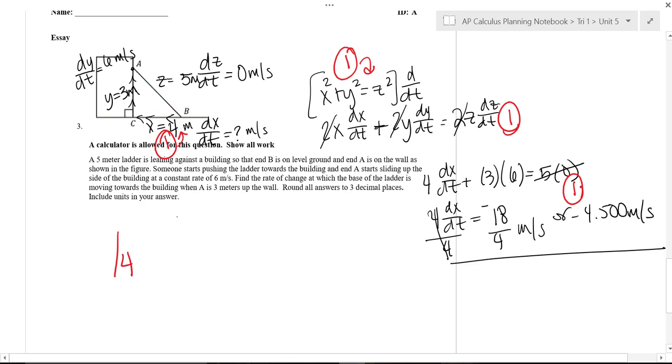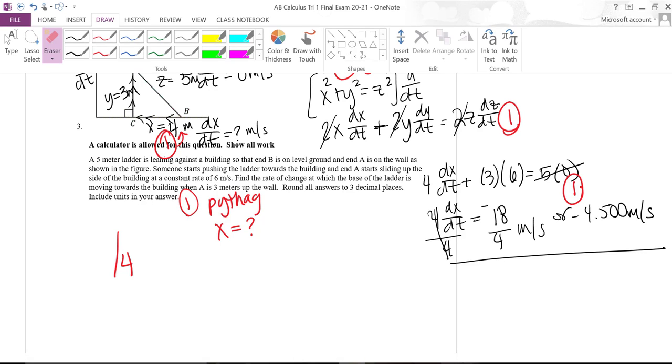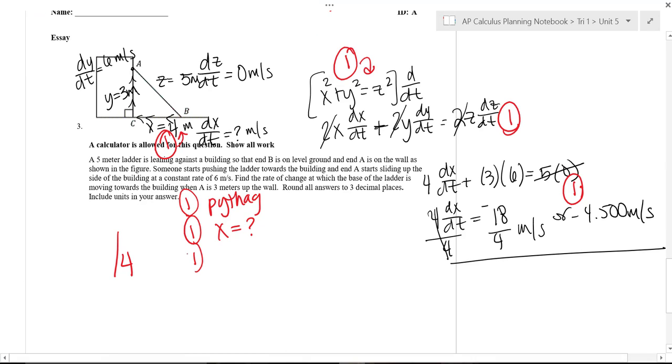So out of 4 total, let me do this 1 point at a time so it doesn't get confusing. 1 point was for finding x. 1 point is for using that implicit differentiation. And then 1 point was for the correct answer with units. And that is it, guys.